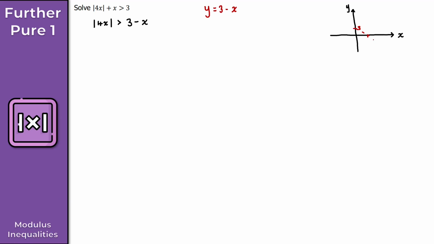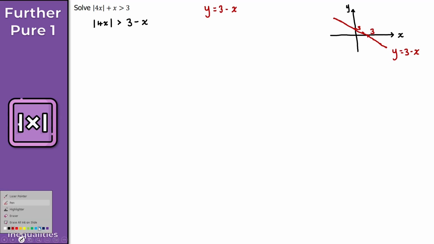Let's just continue that down, like so. So this is just a straight line, cutting through 3 on both the y-axis and the x-axis. This here then is y equals 3 minus x. It cuts through at 3 there on the y-axis.